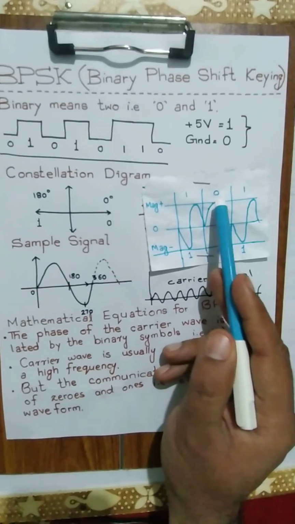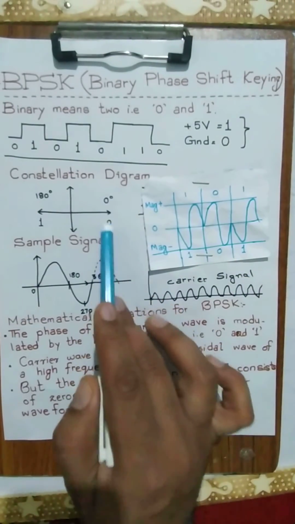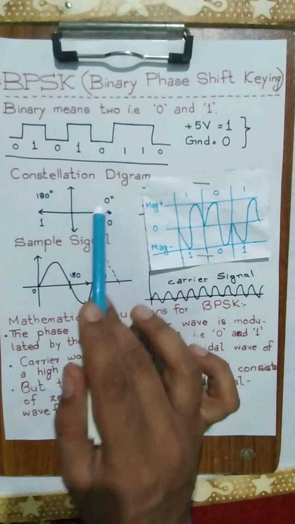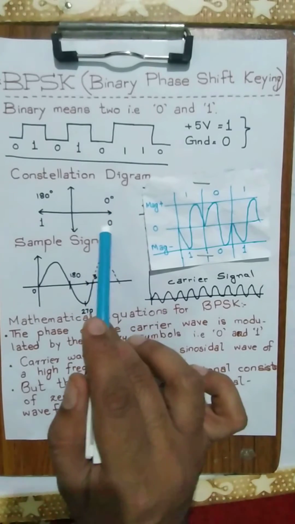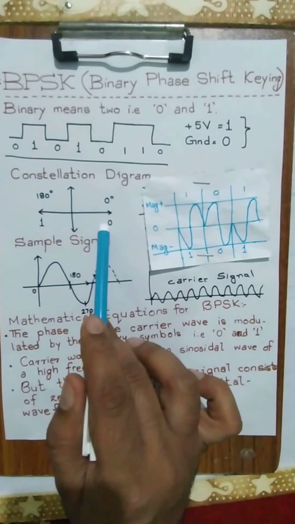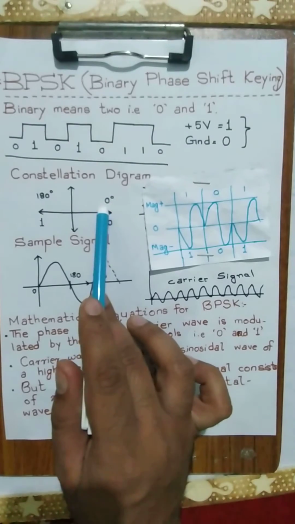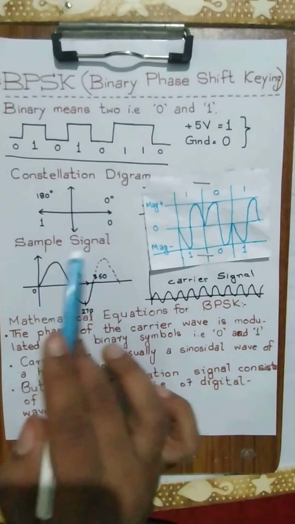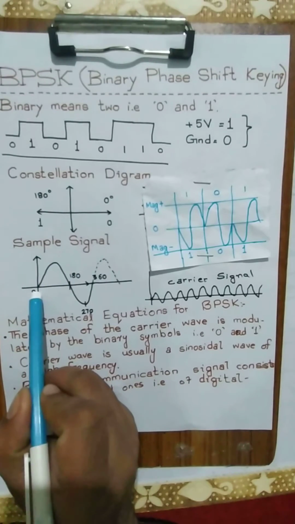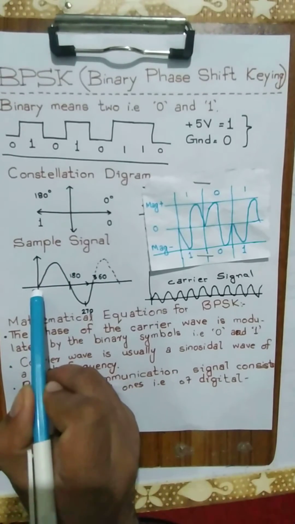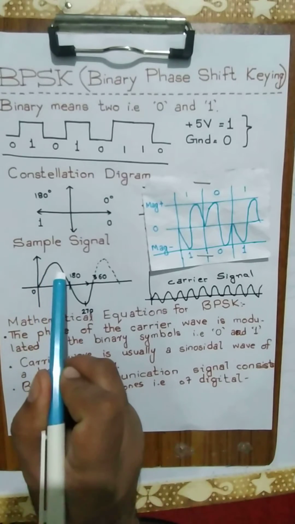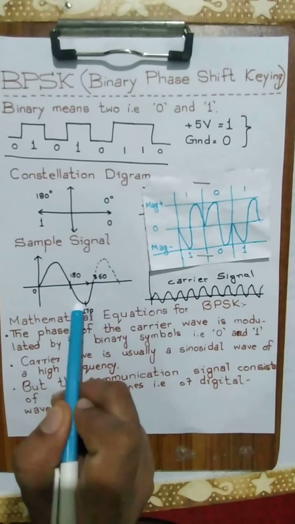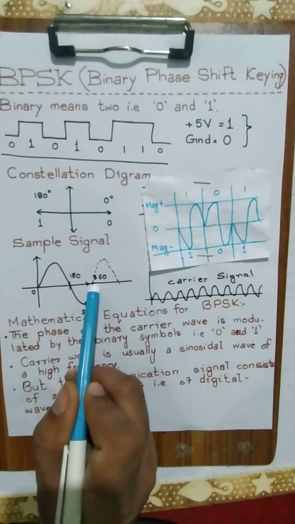For 0, we can say that 0 corresponds to 0 degree, or 0 degree corresponds to 0. So here 0 will start from this 0, and it will go to 180 and then follow this course.